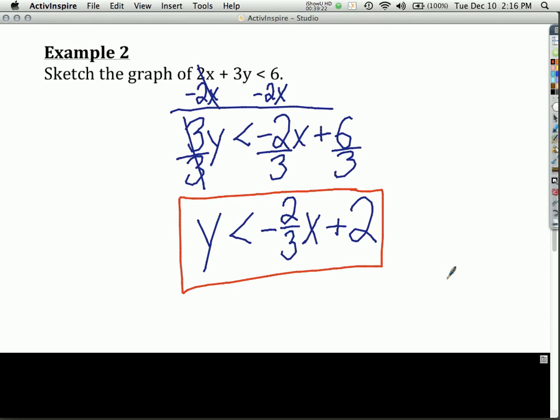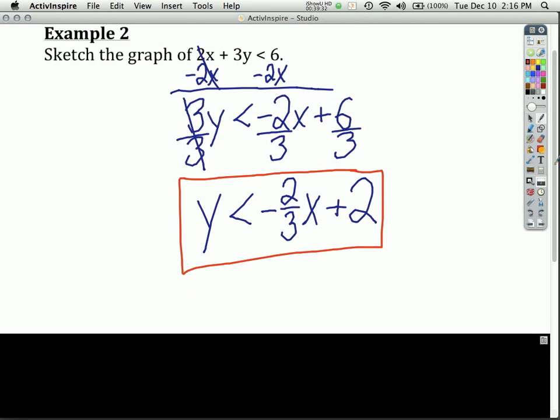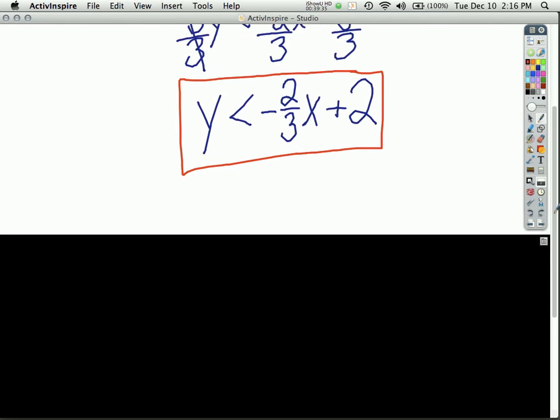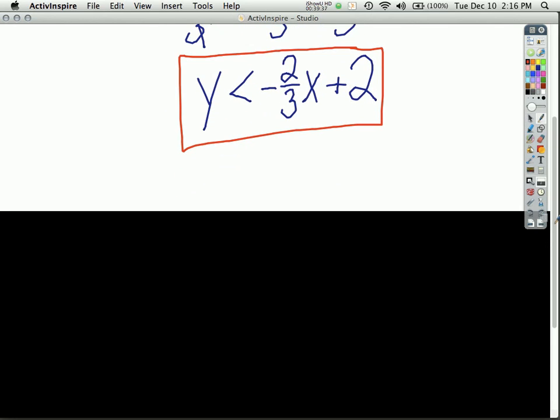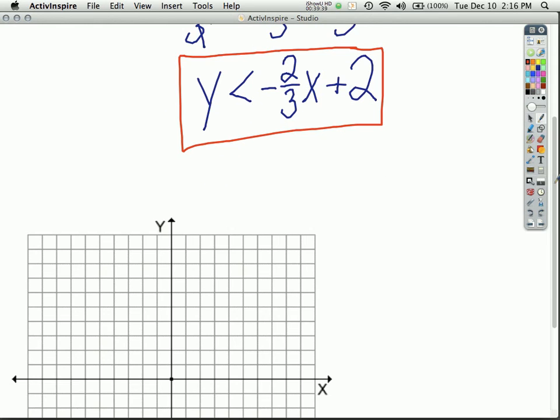Does anyone have any questions on how we did that? Now we have to graph it. So we're not even done with step number 1, but I went a little bit slowly. When you do these on your own, you should be able to get through that part pretty quickly. So now we need to graph.